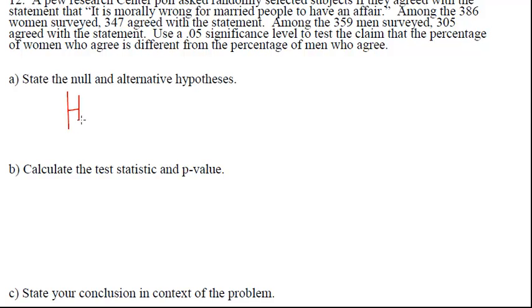So the null hypothesis would be that the proportion of women is equal to the proportion of men. And then the alternative, this is a two-tailed test because it's different, so there's no direction specified. So P_W not equal to P_M.